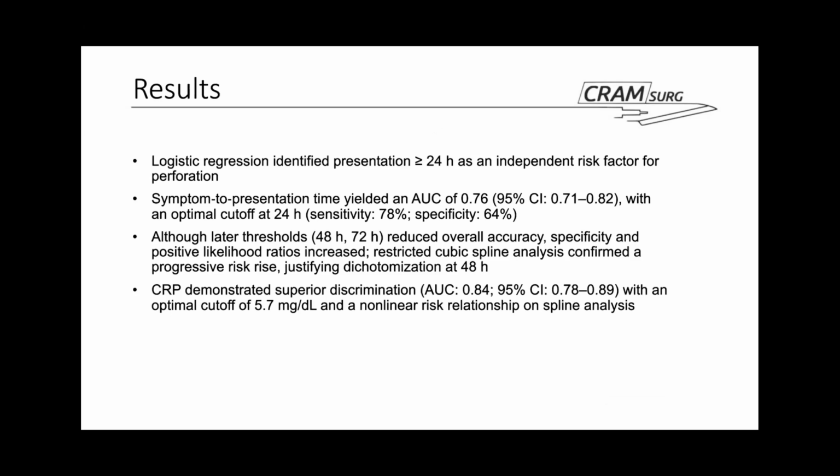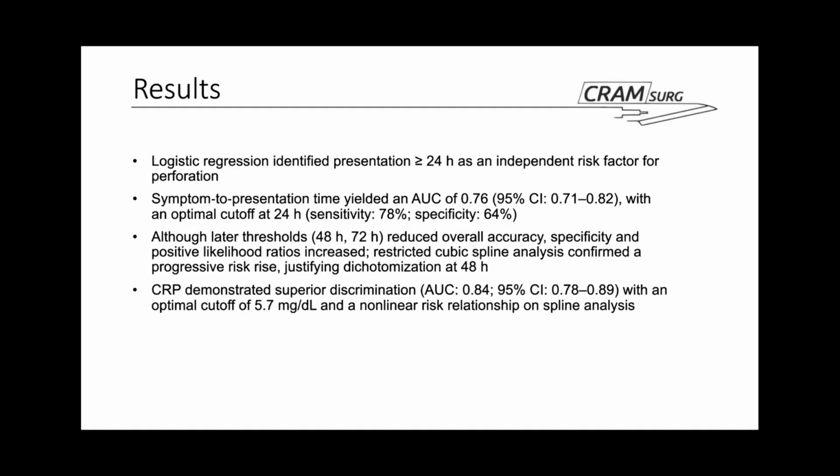However, later thresholds at 48 hours and 72 hours, although showing reduced overall accuracy, had increased specificity and positive likelihood ratios, and this is why they chose the 48-hour cutoff to dichotomize their population into before and after 48 hours of presentation to look at perforated appendicitis.